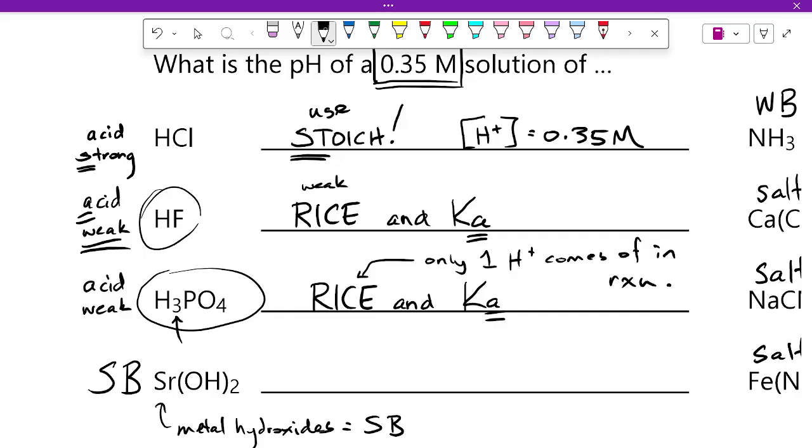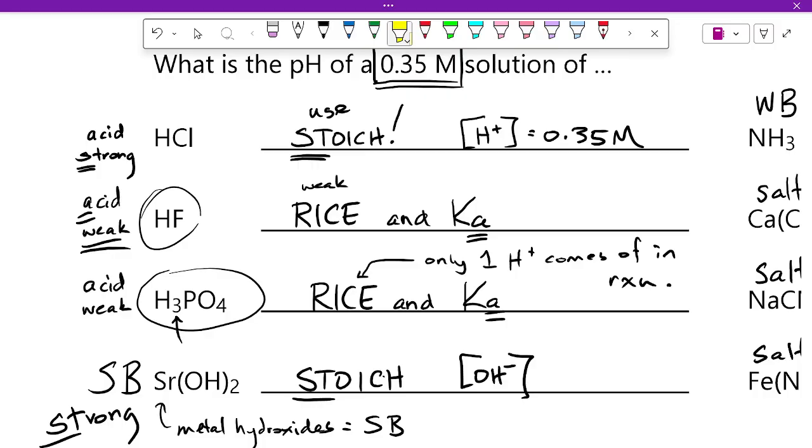Strong base. What tool do we use for strong base? Stoichiometry. Strong, ST for stoic. What is the concentration of hydroxide if we've got a 0.35 molar solution of Sr(OH)2? 0.7.